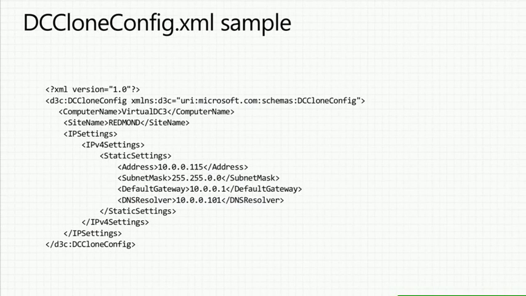These are all out there. But the key thing is that it could be empty, and we take care of all of it for you. We assume that you want a DHCP address at that point, and that we get the DNS server from the DHCP settings. But you also have the full flexibility to control specific things within this DC clone config file.